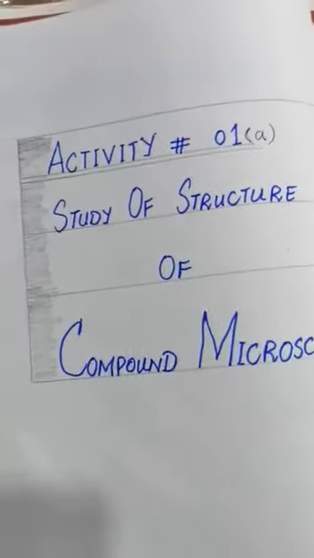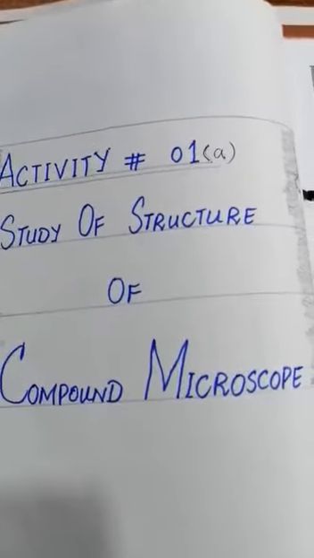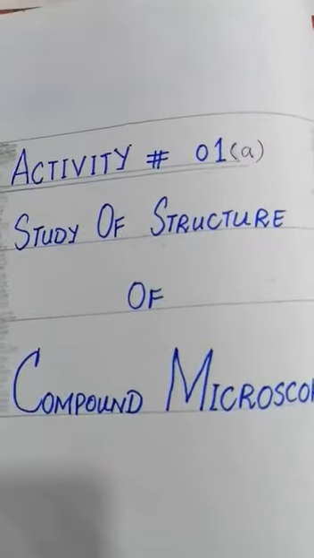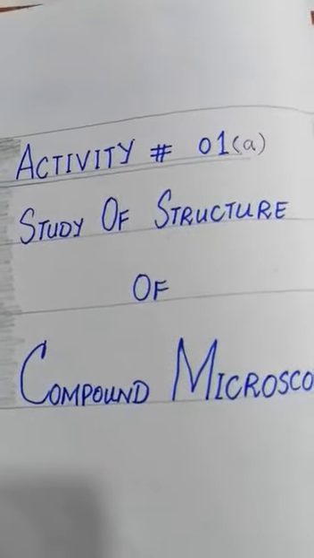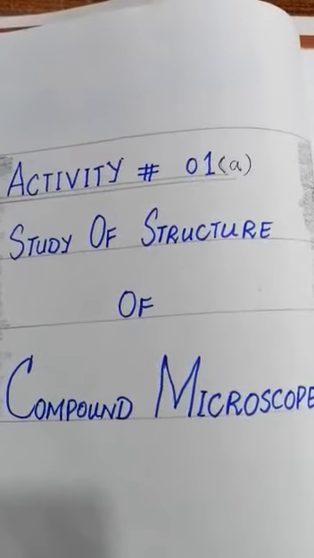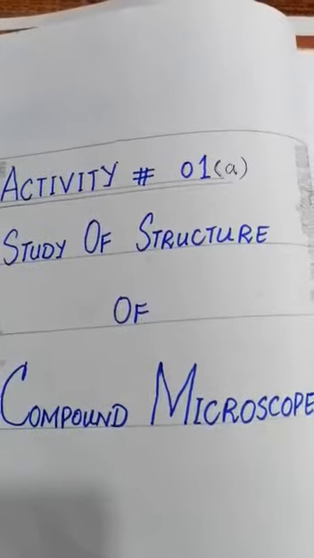See, this is the way you are going to write down the name of your activity. Like activity number 1 in your practical notebook is study of structure of compound microscope. If someone writes compound microscope only, it's okay.